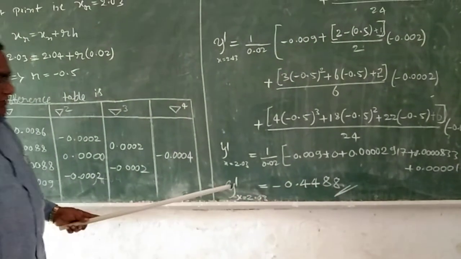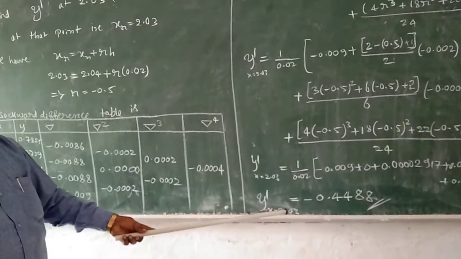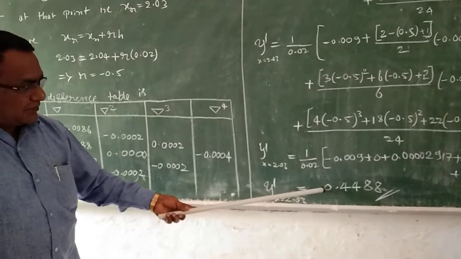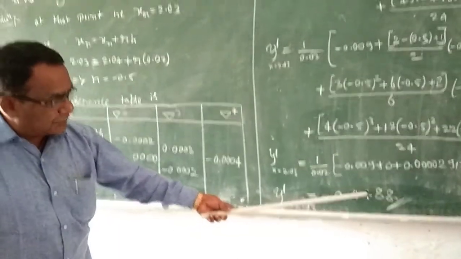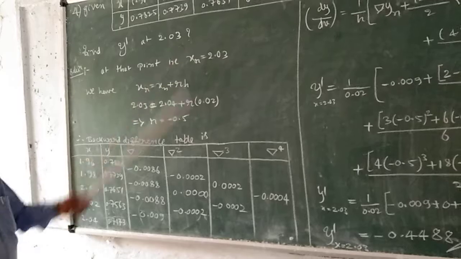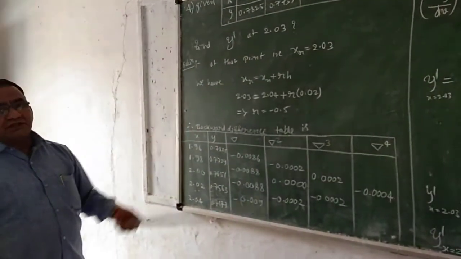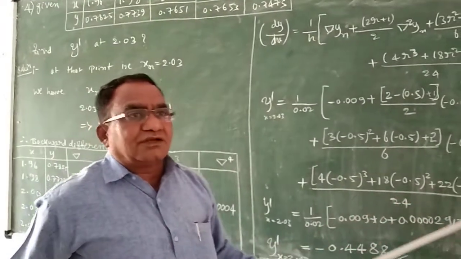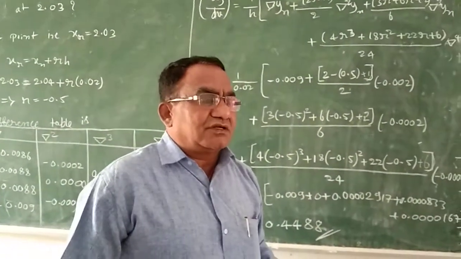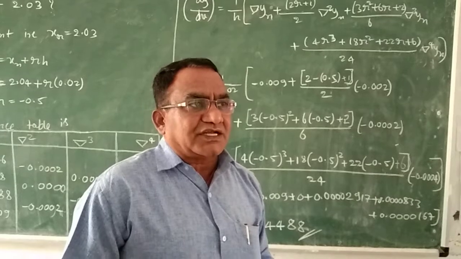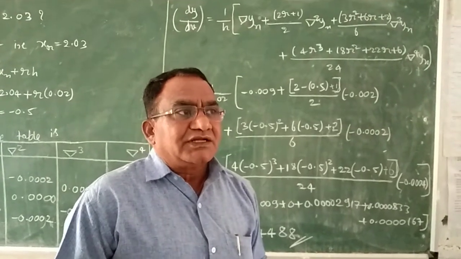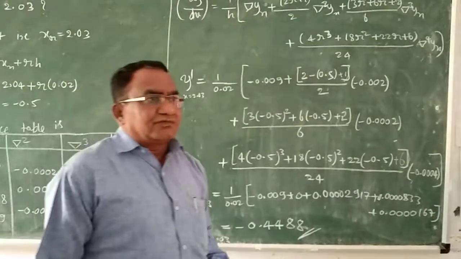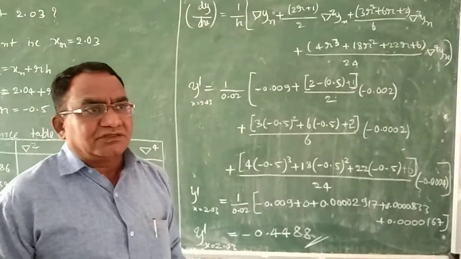On simplification, your y dash at the point x is equal to 2.03 is minus 0.4488. That is our required value of y dash at the point x is equal to 2.03. Like this we can find the first order derivative as well as second order derivatives at the desired points. Okay, next with this let's go to numerical integration in your next class.